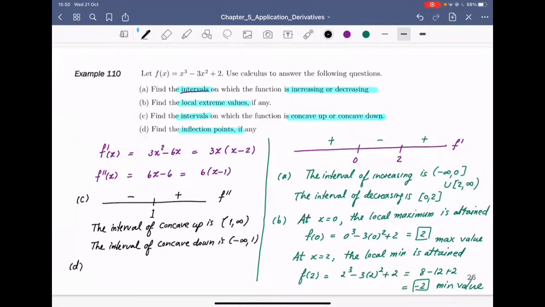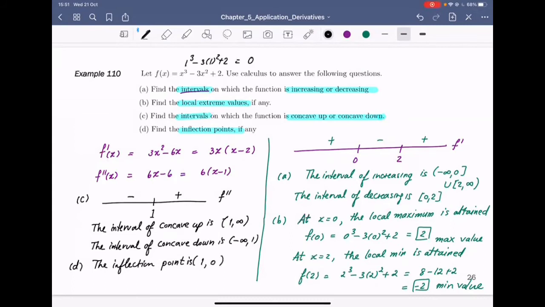All right, so part D, the inflection point. The concavity changes from concave down to concave up at x equal to 1. So when x equal to 1, we have the inflection point. That means 1 cubed minus 3 times 1 squared plus 2, which is 0.